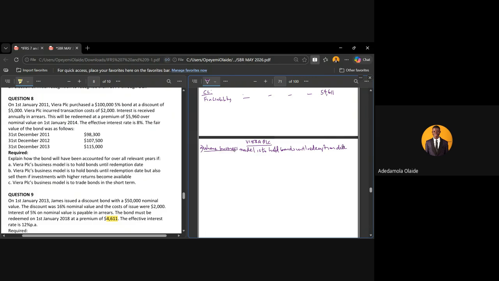It will have what? The initial measurement will be what? Initial measurement.